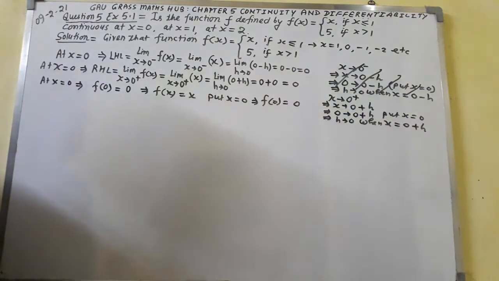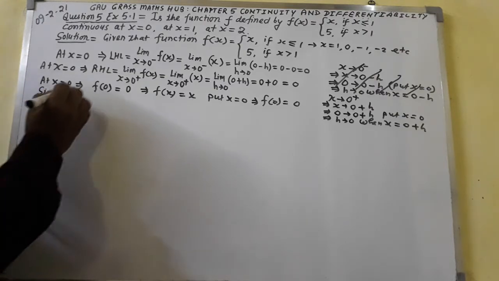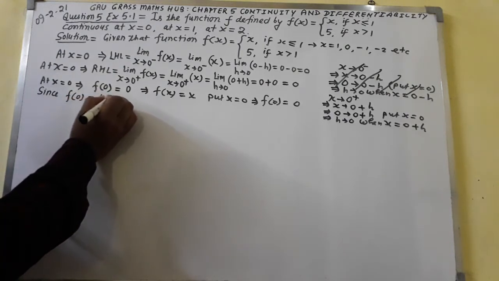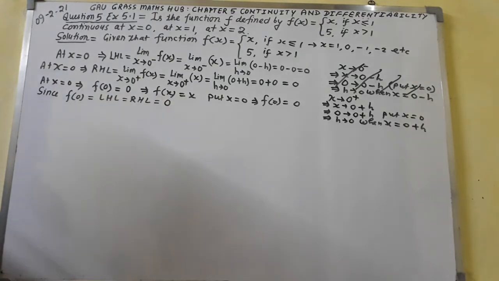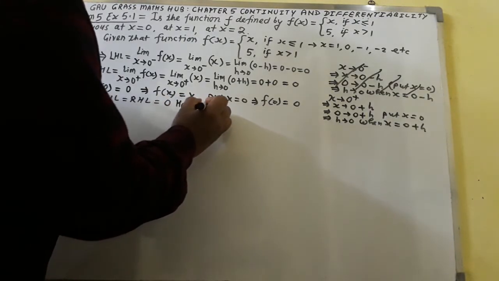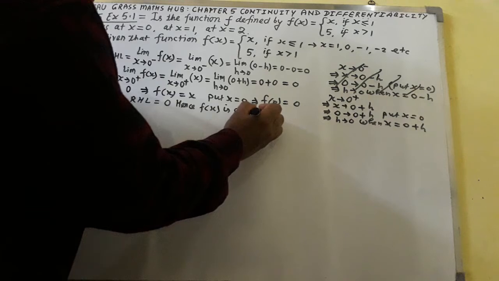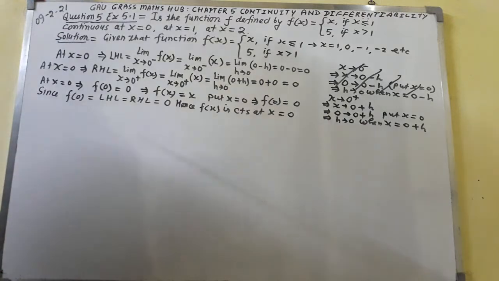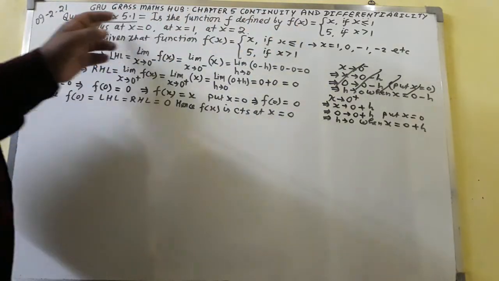So here I can write: since f of 0 equals left hand limit equals right hand limit equals 0, hence f of x is continuous at x equal to 0. You have got this one, and now you have shown f of x is continuous at x equal to 0.